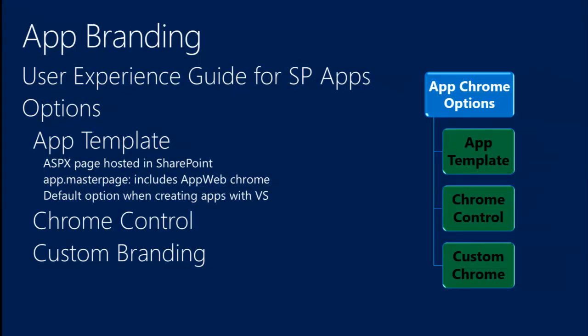The other thing you need to think about is the Chrome Control. When you notice that full page launch that we had, if you want the out-of-box look and feel of the SharePoint menu, that's the Chrome Control. It's basically a div tag plus some JavaScript that injects the Chrome Control into your application. So it's what I call putting lipstick on a pig.